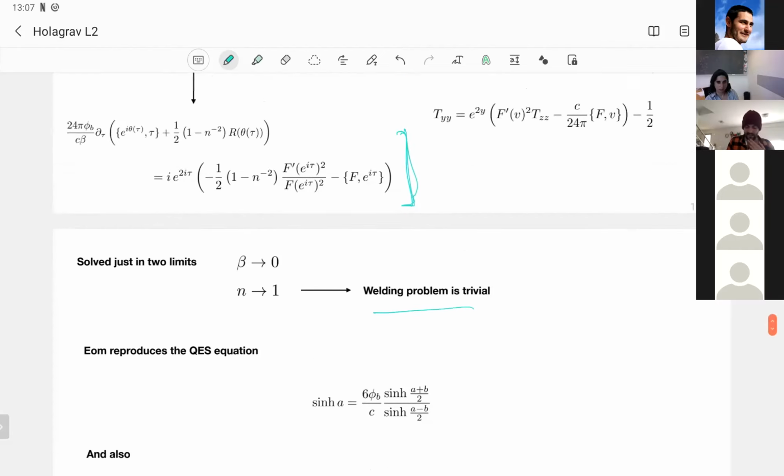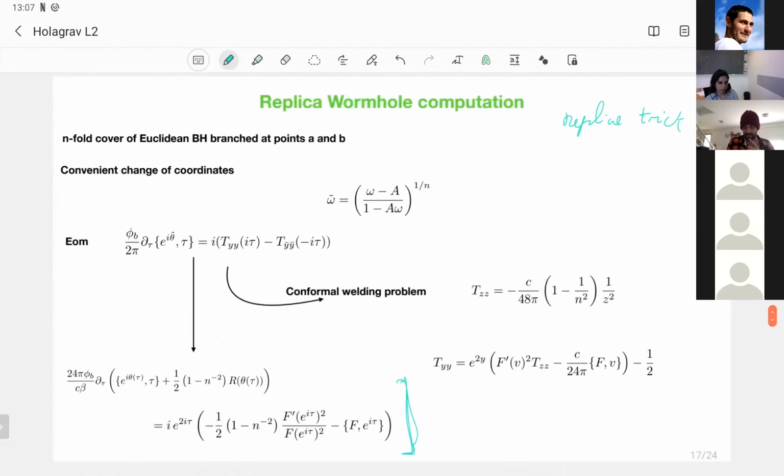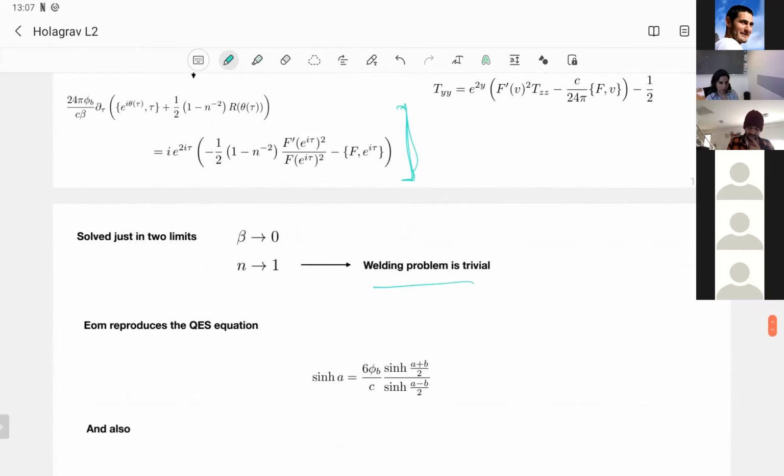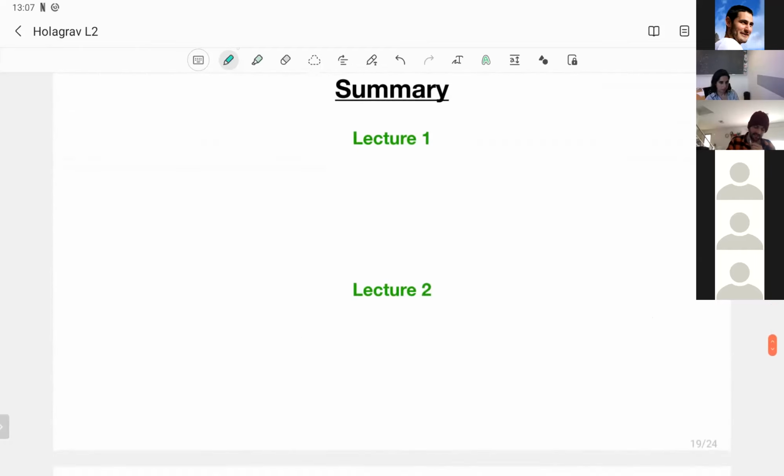Well, the details are in the paper. The paper has a lot of computation, but it is readable. And so, as a summary, my message from all this: the start yesterday was the replica trick in CFT, in QFT.